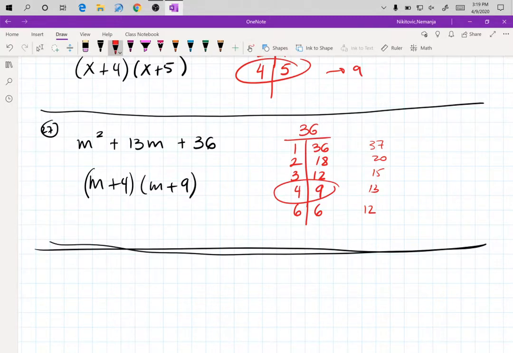So, problem 30. It says n squared plus 52n plus 100.